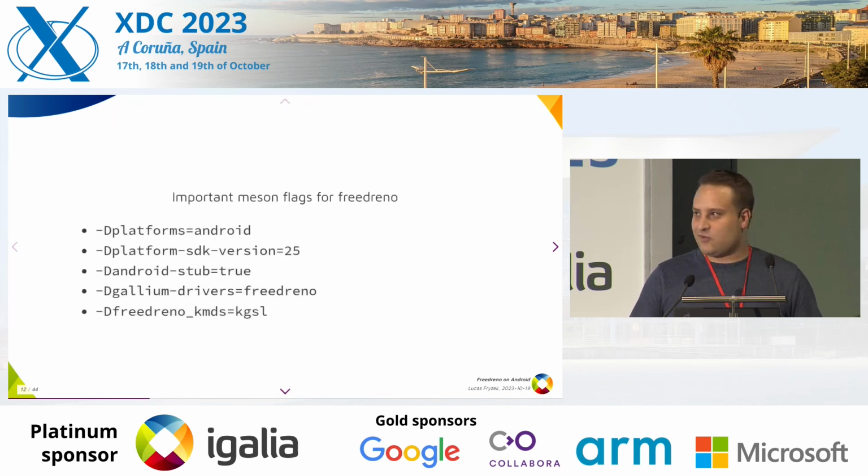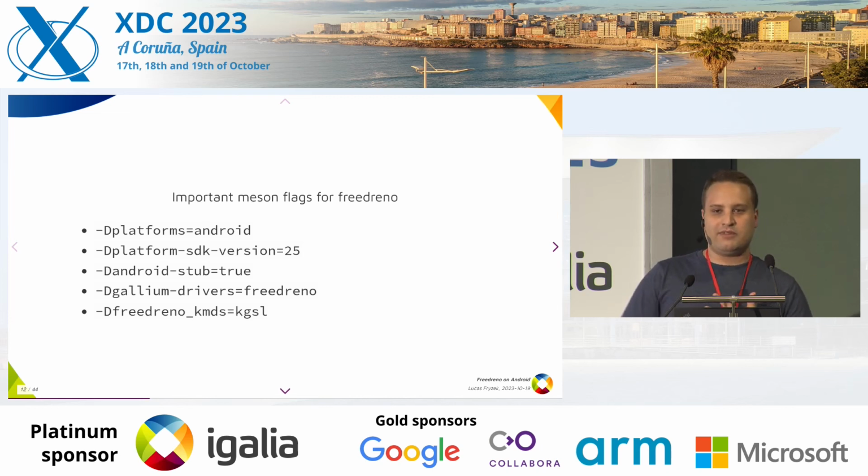And like cross-compiling to any other target, there are some Mesa configurations that you have to set for what platform you want. There are Android-specific ones for what SDK version you're targeting. In my case, all the work I did was targeting SDK version 25, sorry, so I had to put that in there.